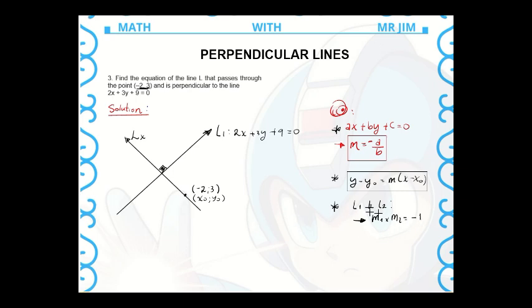Es decir, el producto de las dos pendientes de estas dos rectas debe ser -1. So here, let's continue. In this case, the strategy is to find the slope of L1 and then multiply it with the slope of Lx, and then we can have the slope of Lx. So let's find the slope of L1.